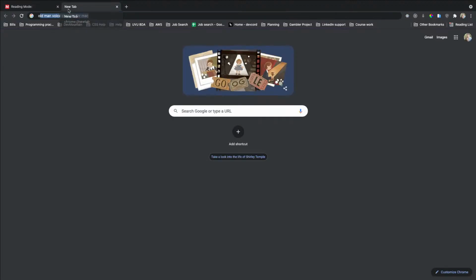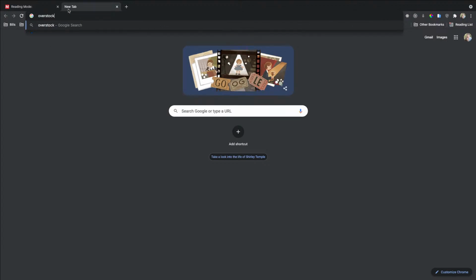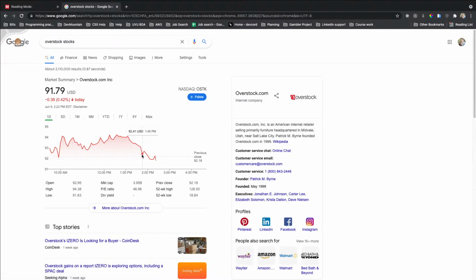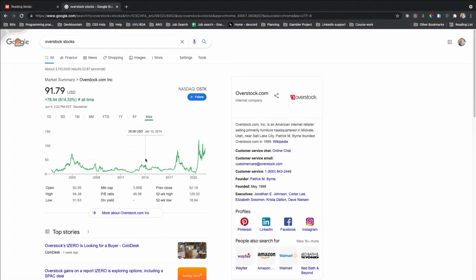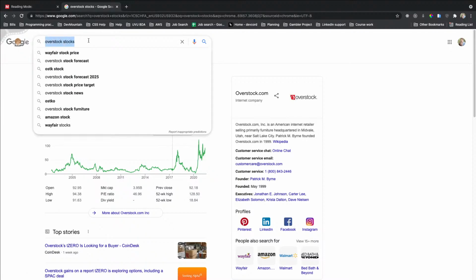Let's look at that. Overstock stocks. Hey, I think they got a boost in 2020 when everyone went online. But look at this, they were at like $5 a share. I bet you Wayfair got a boost.